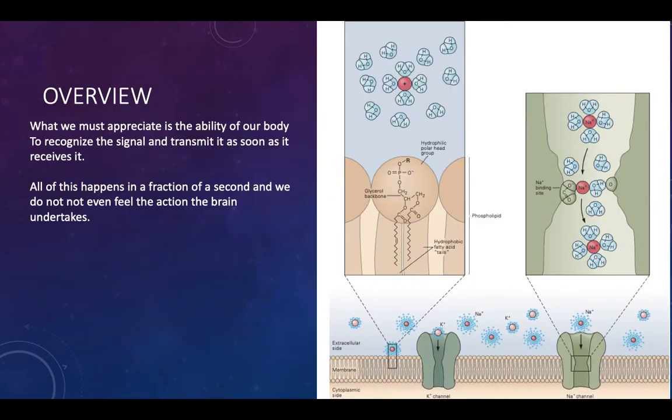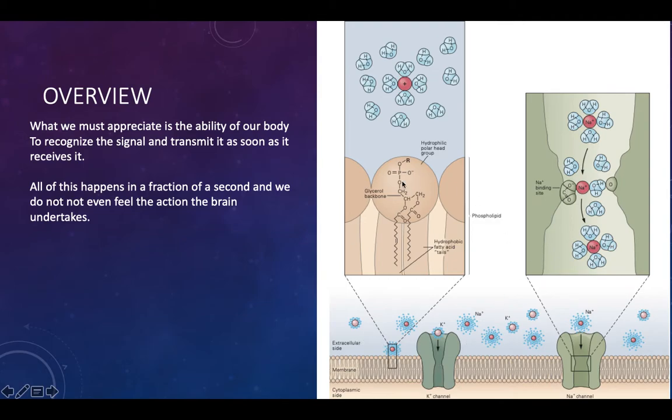Before that, let me show you what ion channels are. This is the structure of an ion channel which is open right here, and there is a gradient of potassium and sodium ions. This is the plasma membrane, this is the cytoplasmic side, that is inside the cell, and this is the extracellular side, or outside the cell.